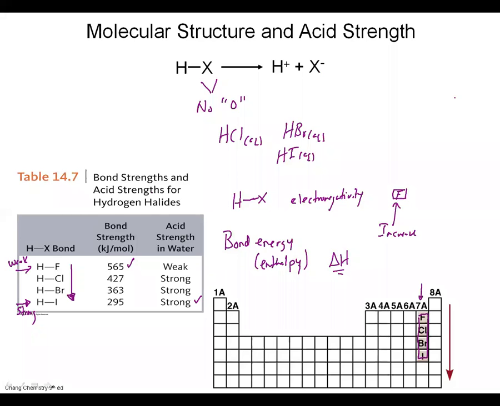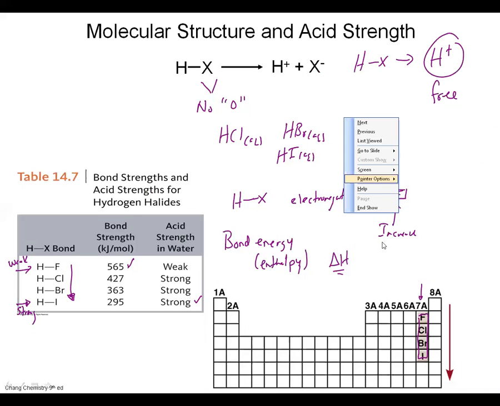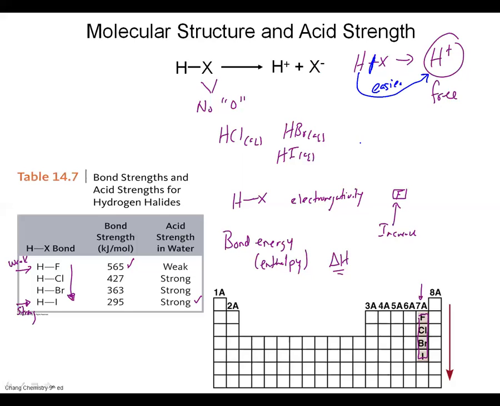An acid is something that has the ability to produce free H plus. In order to produce that free H plus, you need to break this bond, which means in the case of HI, it doesn't take a lot of energy to break it, so this H plus will come off easier. Because it comes off easier, it's able to produce more free H plus, and thus would be a stronger acid.